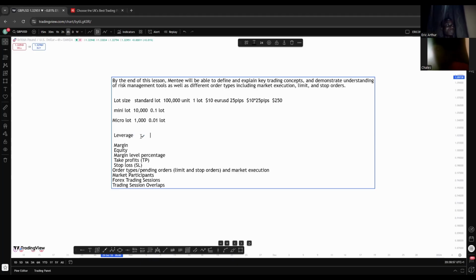Does this apply to only demo accounts or real accounts too? There's real leverage. Leverage is applied to accounts, and you can find leverage in your brokerage platform. You get it? Okay. Yeah.